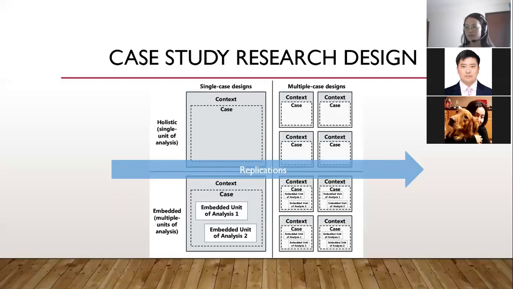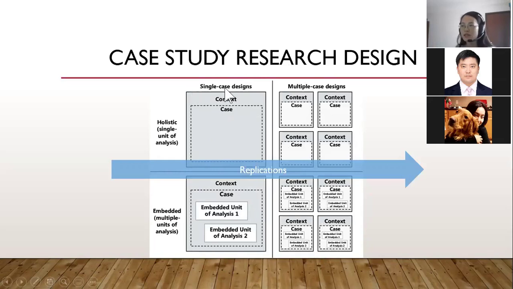So here are four quadrants of case study research design. We already said if you divide a case study by research purpose, you have three, right? Exploratory, descriptive, explanatory case study research. Here, we divide into four quadrants based on what? Based on the number of cases you use.